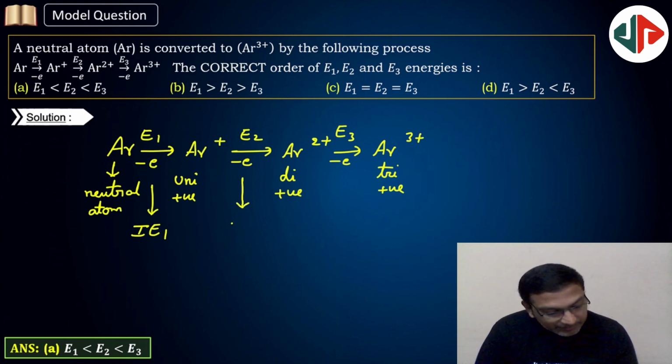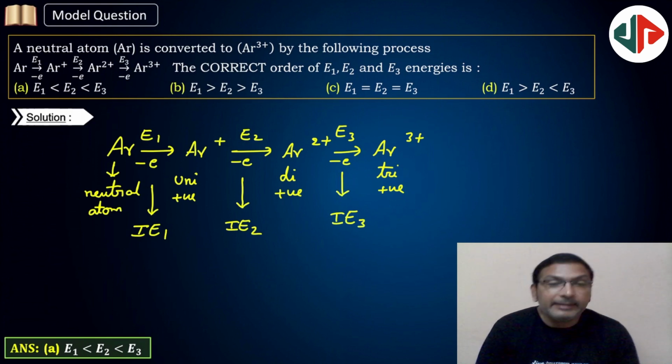So E2 becomes IE2, E3 becomes IE3: first ionization, second ionization, third ionization.